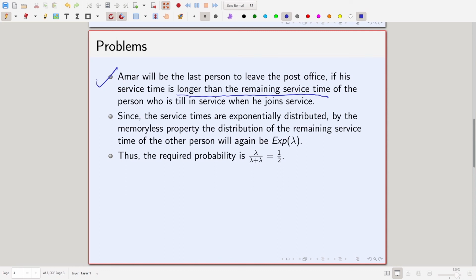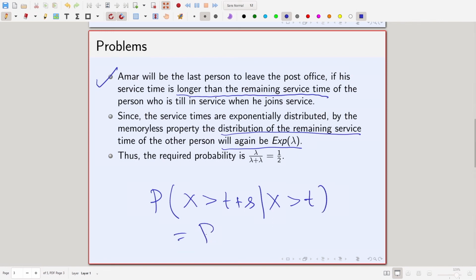That is because we are assuming that the service time has exponential distribution, and exponential distribution has this memoryless property. So by the memoryless property, the distribution of the remaining service time of the other person, whoever it is, either Mr. Akbar or Mr. Antony, depending on who leaves first, will again be exp lambda. That is because if X has exponential distribution, then probability X greater than t plus s given X greater than t is simply probability X greater than s.